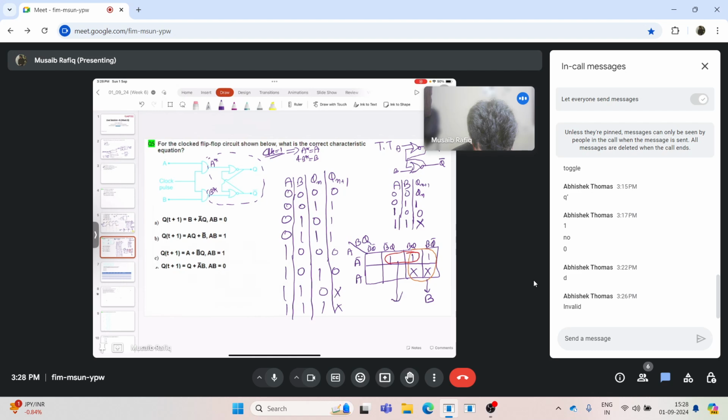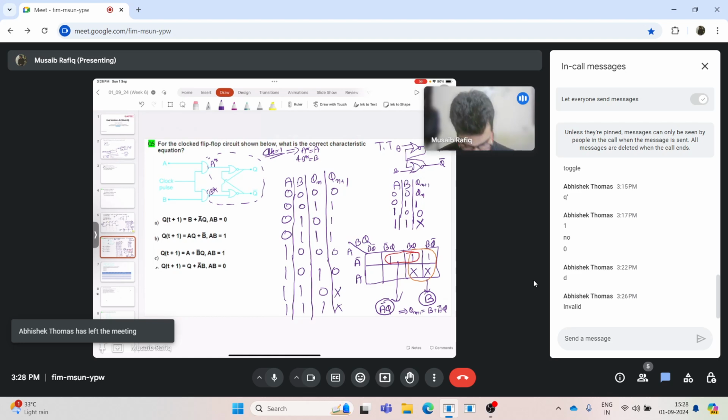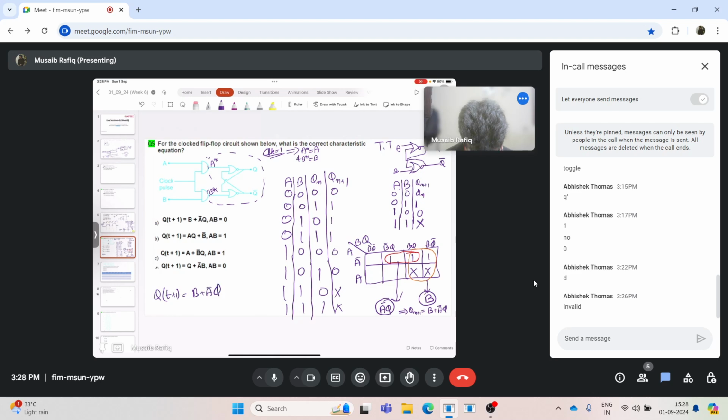And from this it will be A bar and Q. So that implies Qn plus 1 will be equal to B plus A bar Q, right?